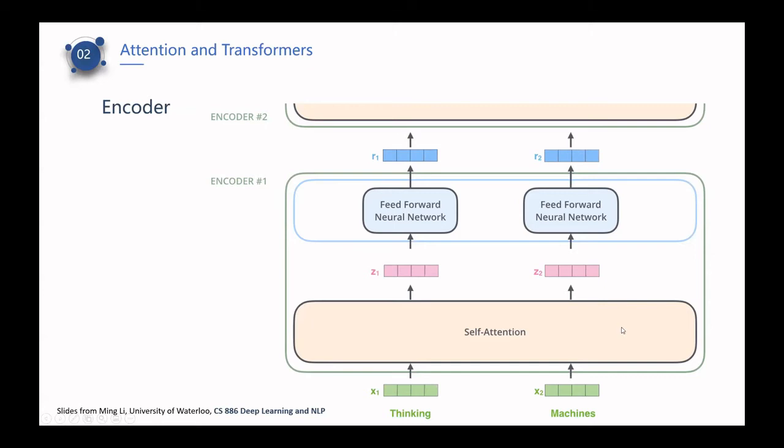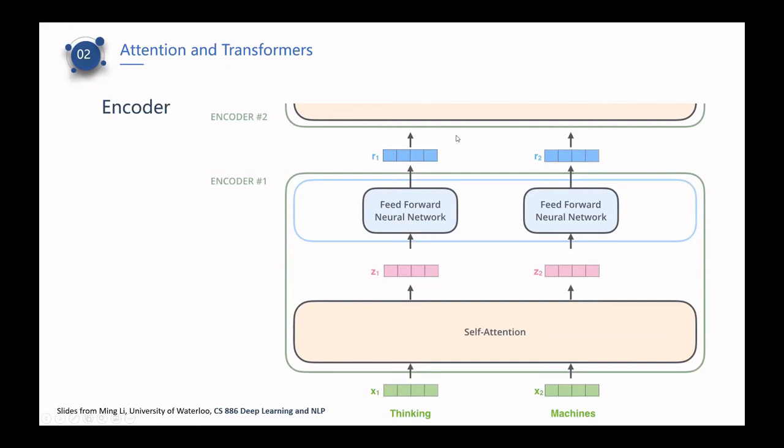After self-attention, we will get Z1 for this and Z2 for this. Then we have the feed-forward neural network, and from Z1 we get R1 and from Z2 we get R2. The feed-forward is very simple, an MLP. Once we get this, R1 and R2 go to the next encoder block.